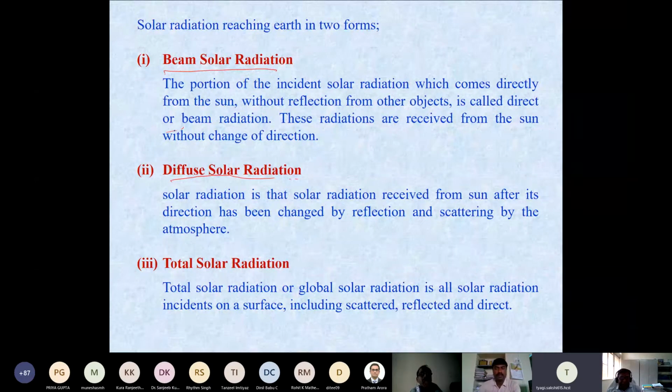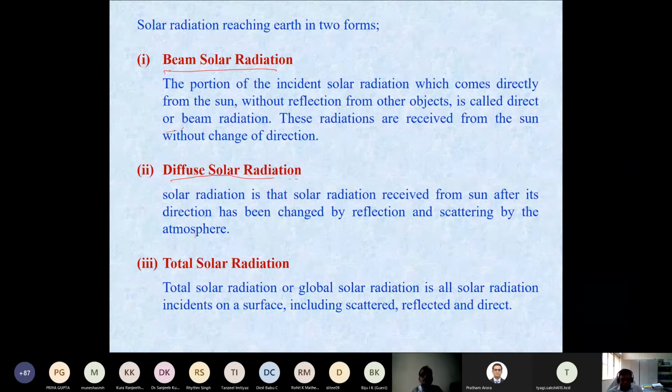So let me continue. Now this is beam radiation and solar radiation, and there are other terms we use. There are so many terminologies used for different concepts. You can ask me and I can clarify, but I'm using the very basic terms used in solar energy.